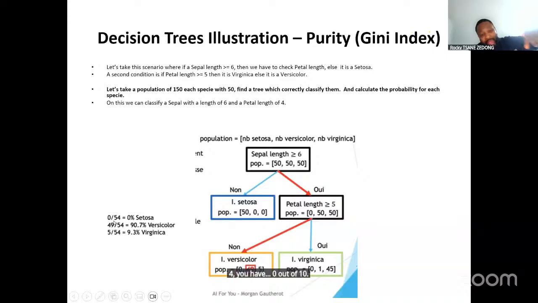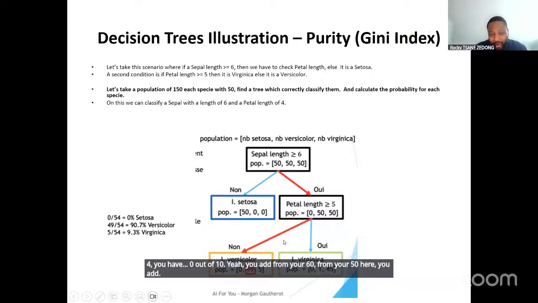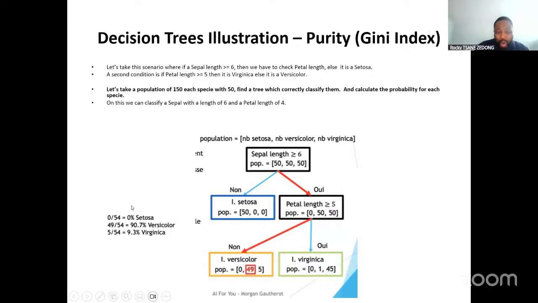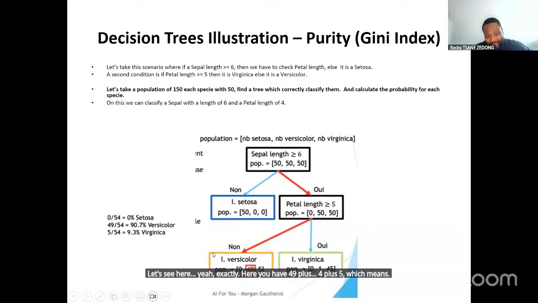You add 0, you add from your 50 here, you add 4, and you have all your data set. And for each one, you put the 0 here. Yeah, exactly. Here you have 49 plus 4 plus 5, which means 64.